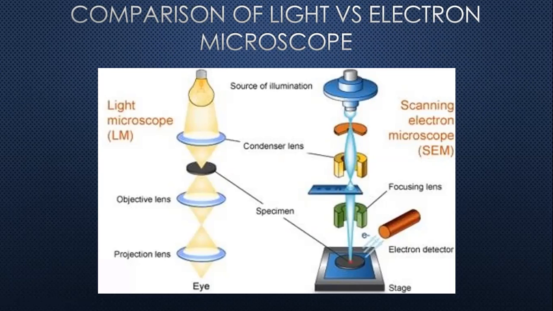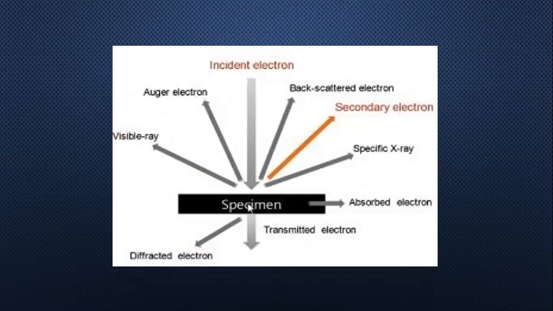The electron beam is focused by the condenser lens onto the specimen, and some of the electrons may be transmitted, some of the electrons may be scattered.